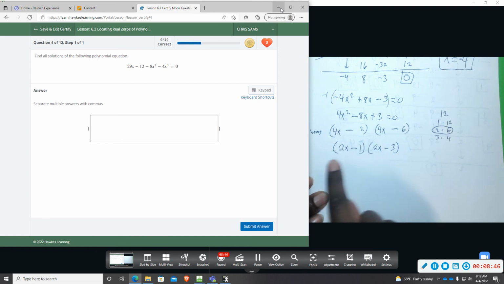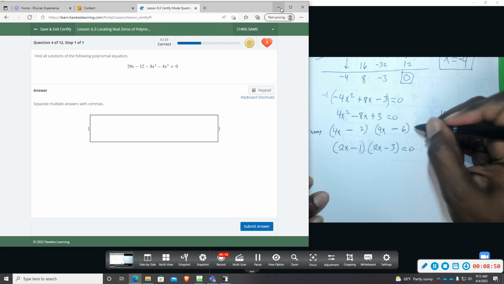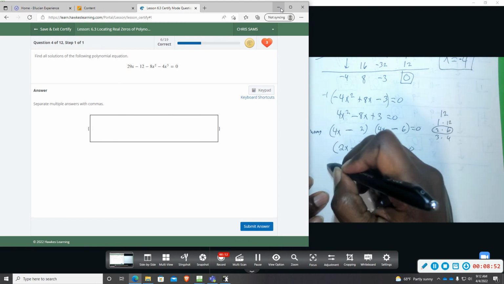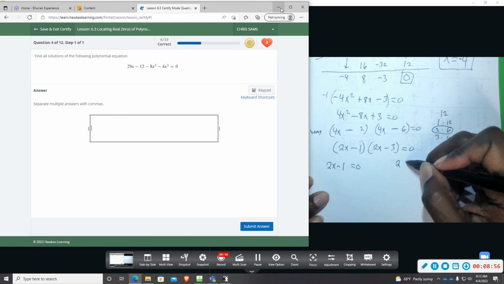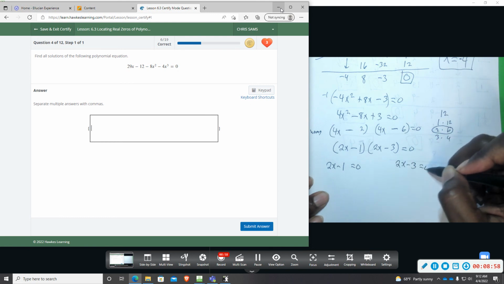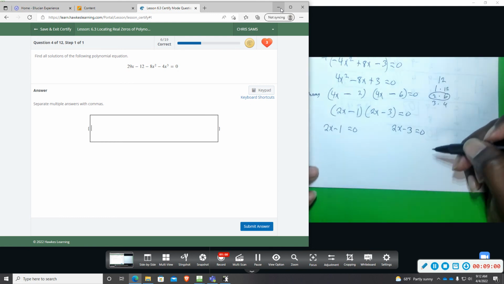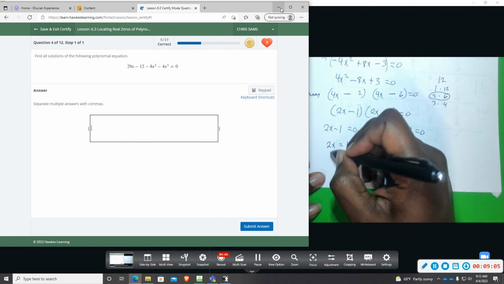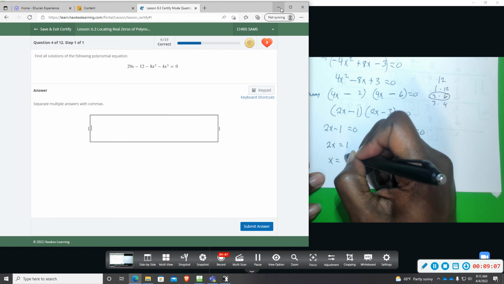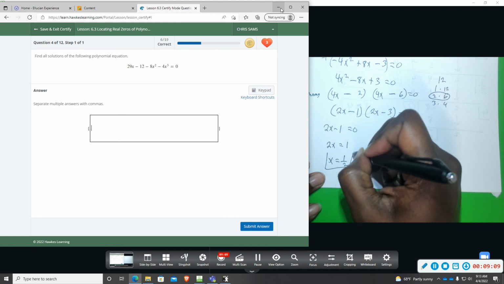All right, so from here, now we are in factor form. We're going to set both of those equal to 0. So 2x minus 1 equals 0. 2x minus 3 equals 0. We're going to add 1, and then divide by 2. And notice x equals 1/2.